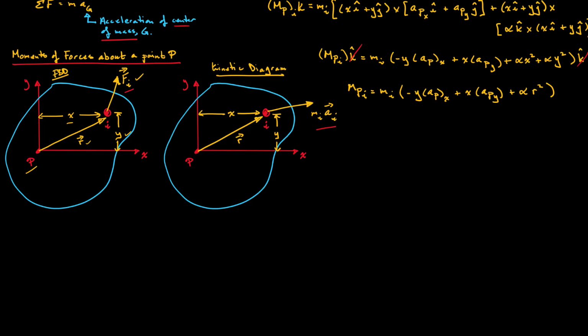Okay, let's look at our mi, and let's shrink this down to a differential mass dm. And what we're going to do is integrate this over the entire mass m of the rigid body.